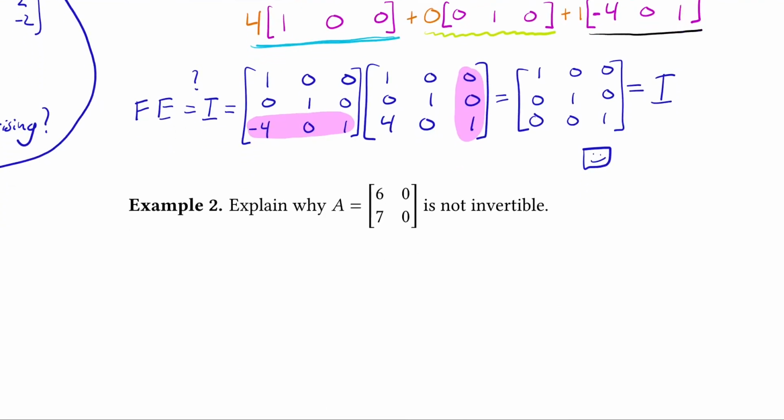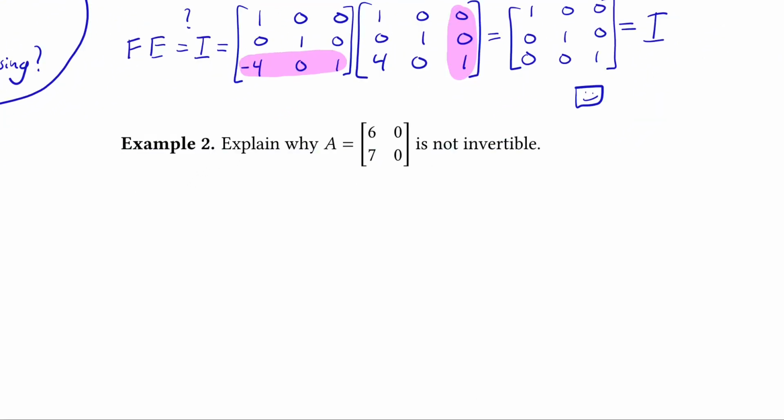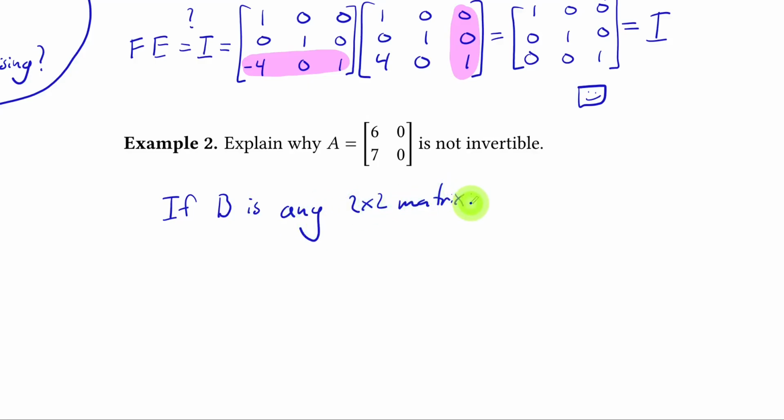Let's explain why this matrix A is not invertible. Whatever the inverse is, maybe it's B. Let's just say that if B is any 2 by 2 matrix, then B times A is by definition B times this vector 6, 7 as the first column, and B times the vector 0, 0 as the second column.